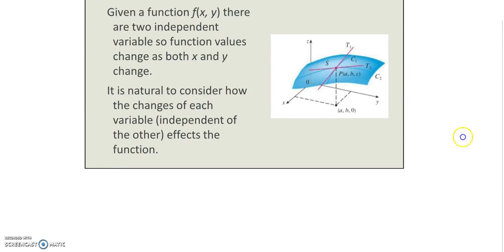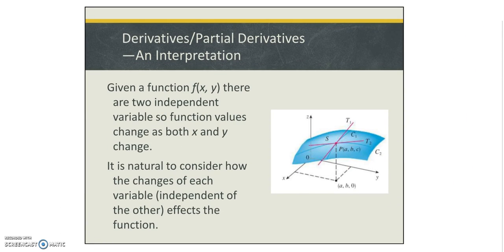Now, that's how we think about things when we have a single variable. Let's look at what happens if I have two variables. So there are two independent variables, and function values change as both x and y change. My output can change based on a change that I made in one of my two inputs. So we consider how these changes occur independent of each other.